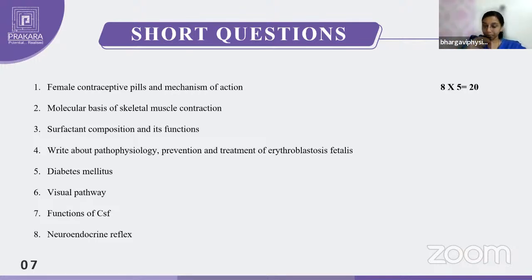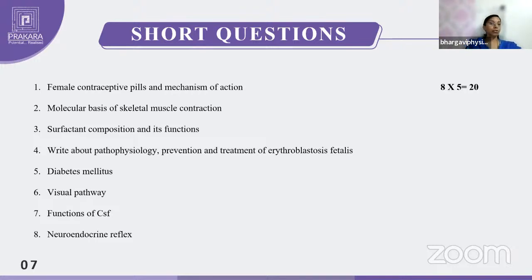So you have shown the same thing in the flowchart, and you are drawing the diagram and labeling it properly. And if any lesion occurs, how it is going to manifest in that subject, you are going to show. Just one labeling you are going to give. With that, you are going to get full marks for the visual pathway.